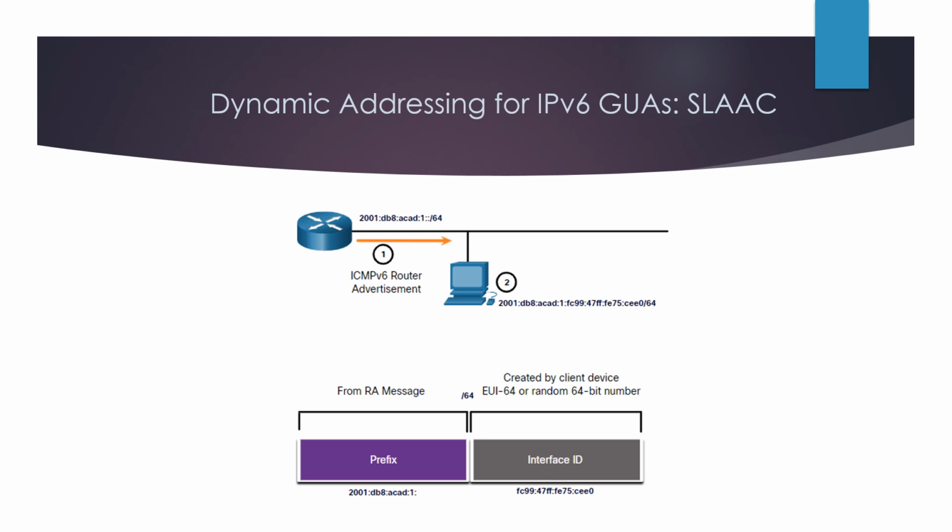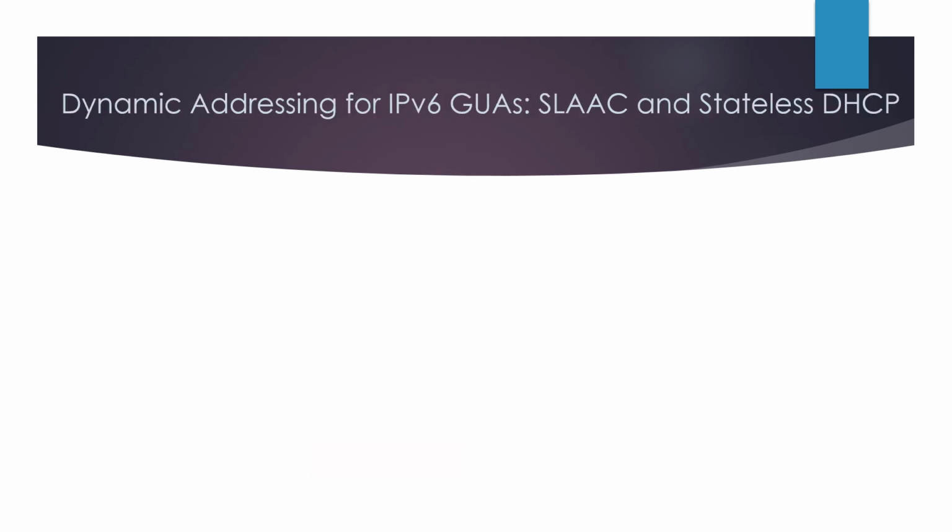The router sends a router advertisement message with the prefix to the local link, and the computer uses the stateless address auto configuration to obtain a prefix from the router advertisement message and creates its own interface ID, where the interface ID is generated as a random 64-bit number, depending on the device operating system.